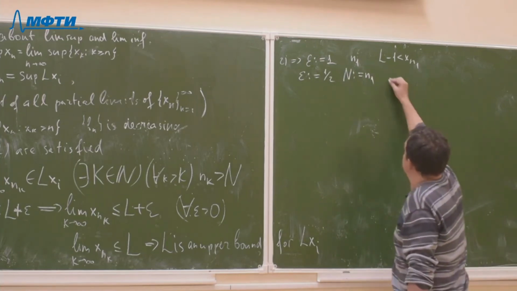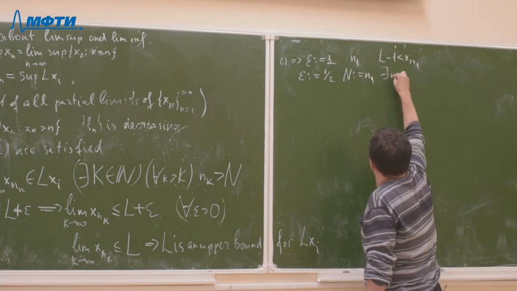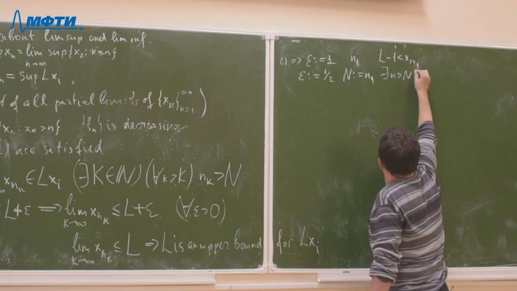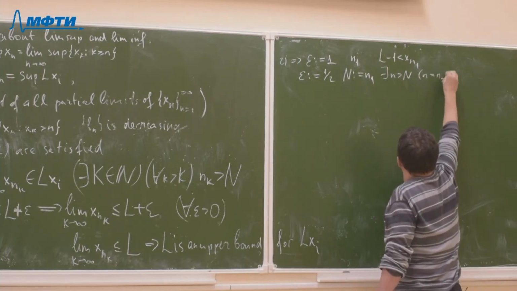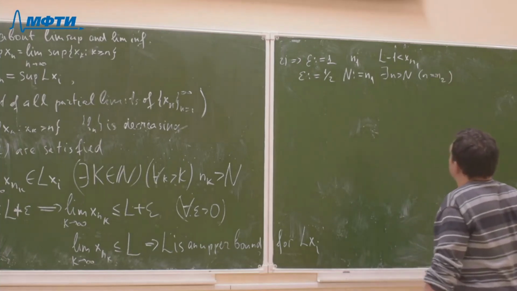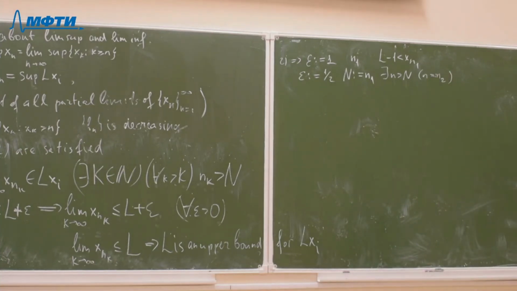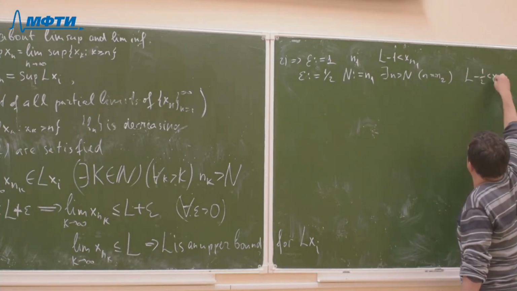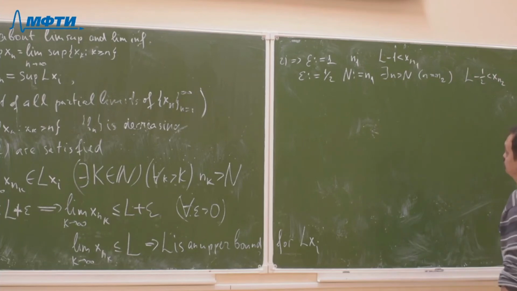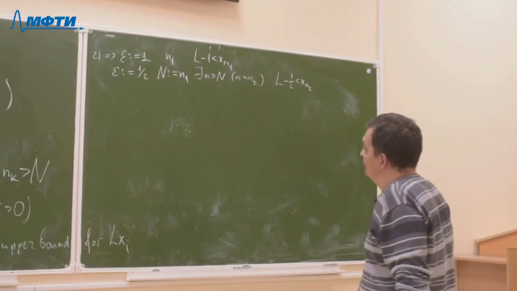So there exists n greater than capital N, and in fact n equals n2 now, right? n2 is by definition this n, such that L minus 1/2 is less than x_n2. And we continue.